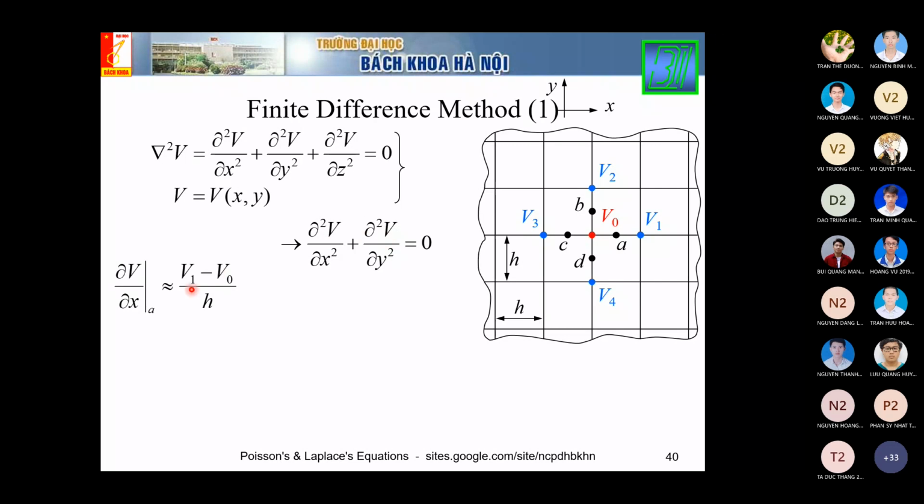Firstly, I will try to find the approximation of the derivative of V with respect to x at the point A. So instead of taking this one directly, I will take the difference. Delta V here is a very small change of potential, and delta X here is a very small change of position.